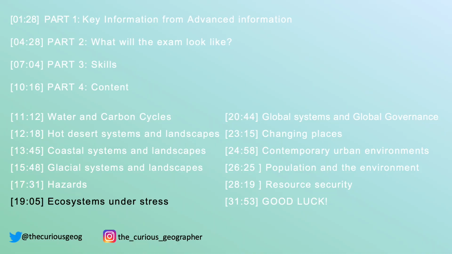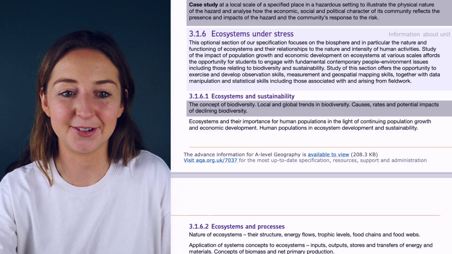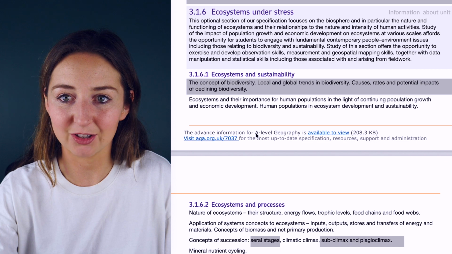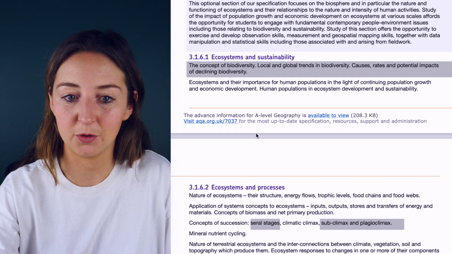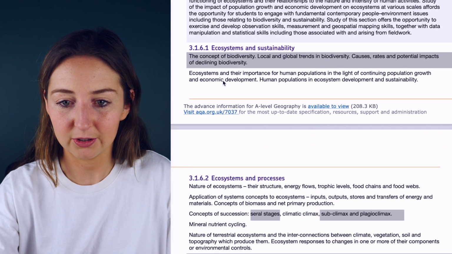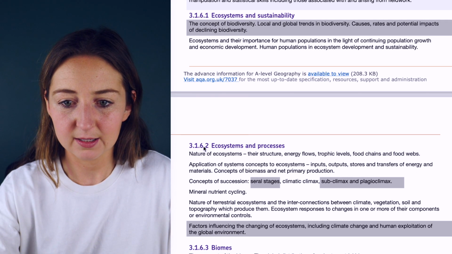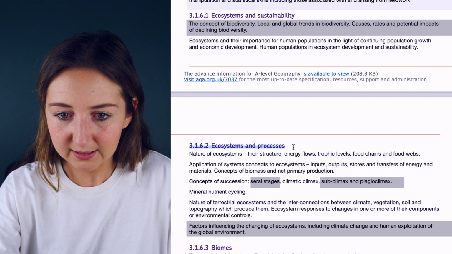Finally, for the last part of paper 1, on to ecosystems under stress. So a few bits are taken out, so don't forget to RAG the sheet, red, amber, green, on how confident you are. One thing that is included is ecosystems and processes, and this is interesting.